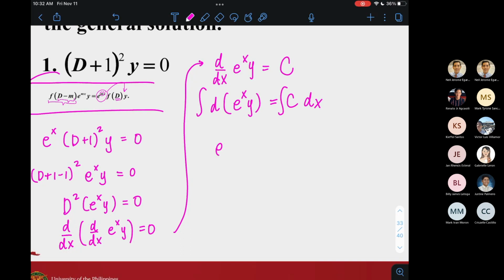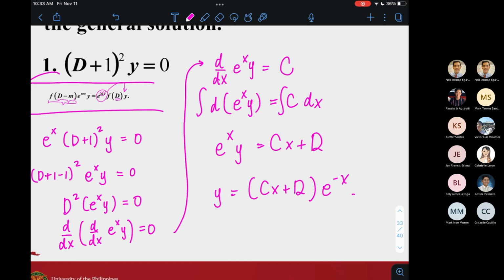So here I'll get e to the x times y equals cx plus an arbitrary constant d. And then to find the explicit solution, I will multiply both sides by e to the negative x. So I'll have y equals cx plus d times e to the negative x, and that's our general solution.